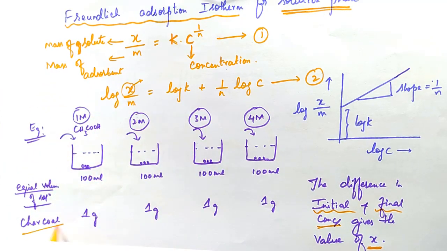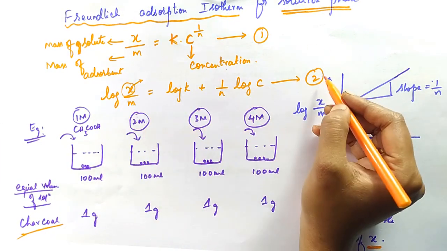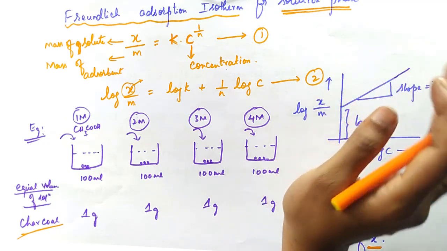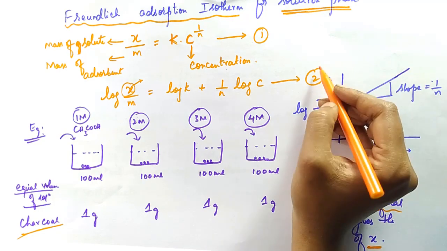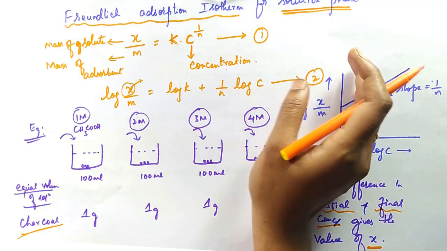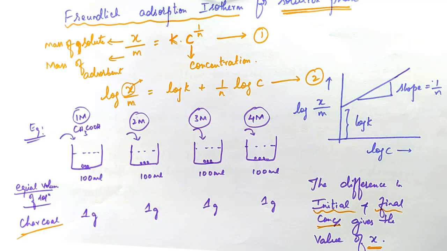The adsorbent we have taken is charcoal, that is 1 gram. By applying this value to the x and by using equation 2, the Freundlich adsorption isotherm can be established, by using the graph and this equation.